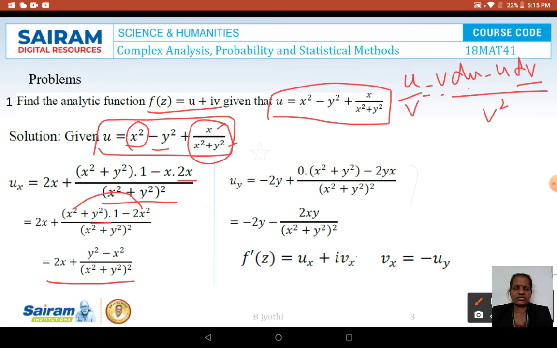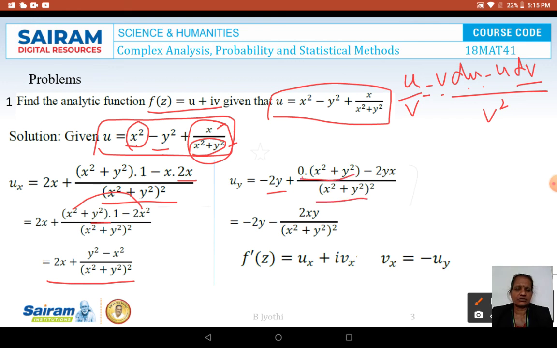Similarly, let us differentiate to get uy. When I differentiate this with respect to y, the x squared part will become 0 and the y squared part will be minus 2y. Again we apply the u by v quotient formula. So v into the derivative of x with respect to y, which is 0, minus x into the derivative of x squared plus y squared, which is 2y, and the denominator is v squared.